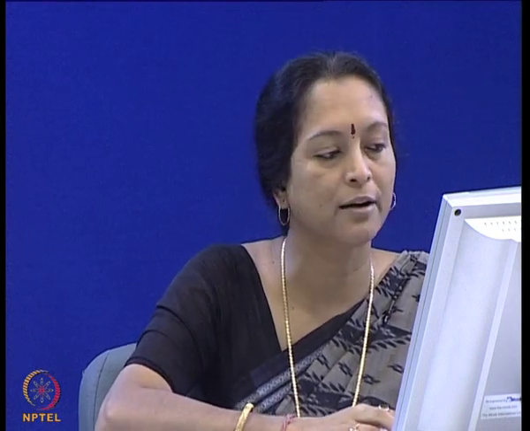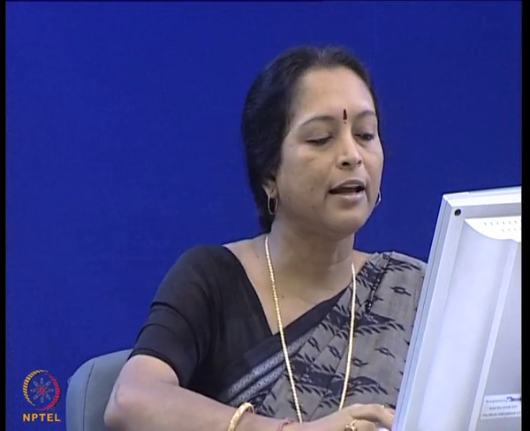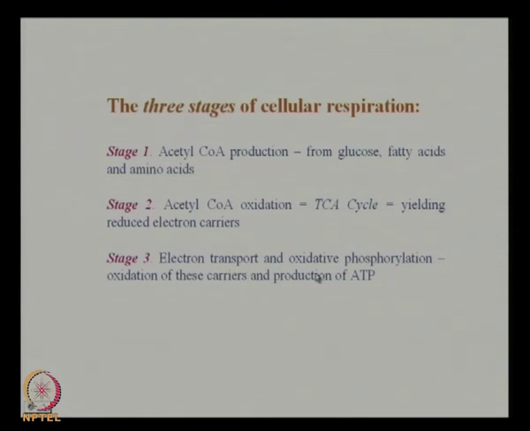Whatever the source, acetyl CoA production is another important factor. Then acetyl CoA is oxidized and starts the TCA cycle, and when the TCA cycle is completed, the electron transport chain and oxidative phosphorylation start, ending with the production of ATP, and that way it completes the respiratory process.